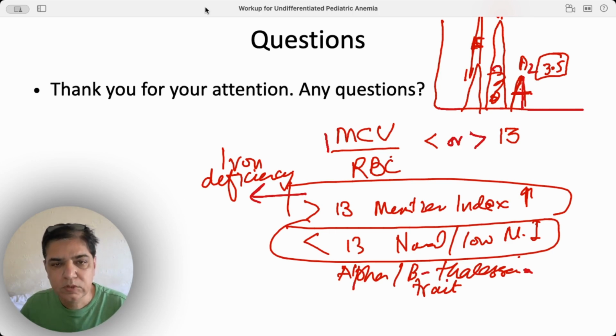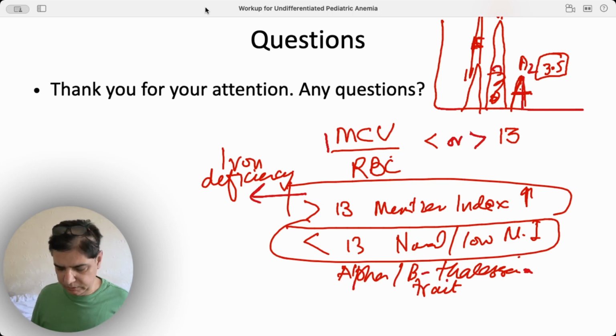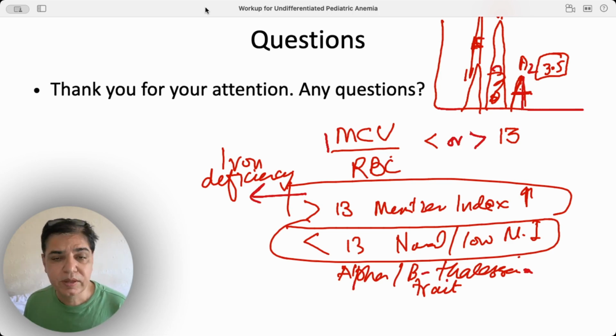So I hope you have learned a few things today: how to interpret the full blood count report with the help of interpreting MCV and red cell distribution width, how to narrow down the diagnosis, and a few tricky scenarios so that you can think of the common diseases.